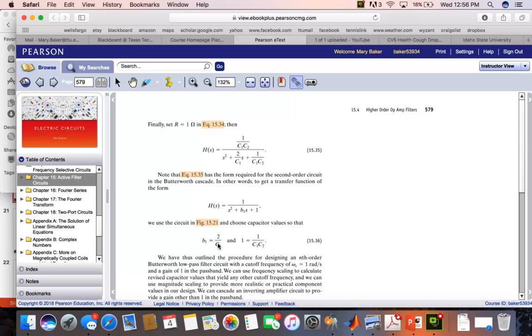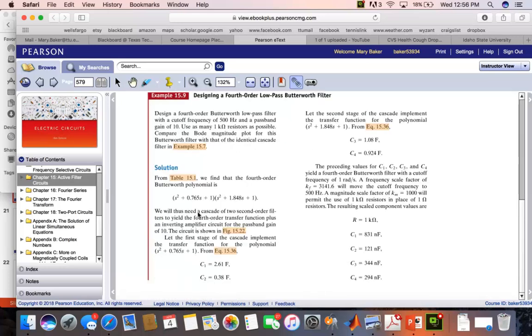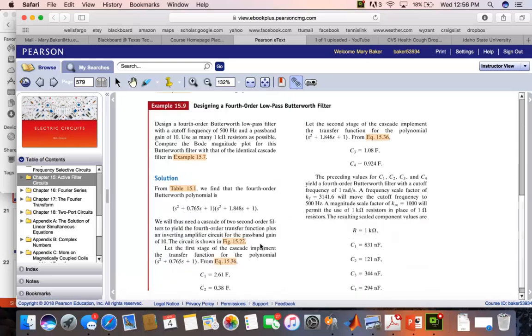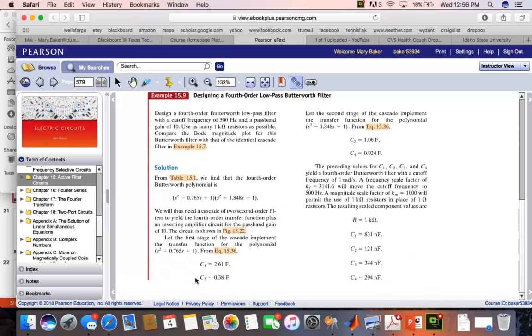So 2 over C1 is going to be 0.765, which gives us 2.61. And then we also know that 1 over C1C2 has got to give us 1. So that allows us to solve for C2. So in that first stage, C1 is 2.61 and C2 is 0.438.